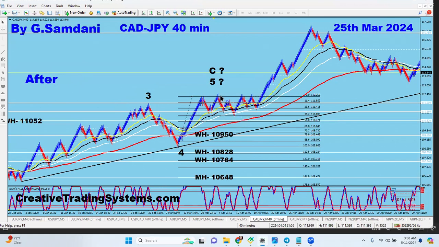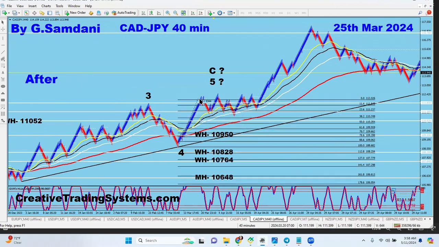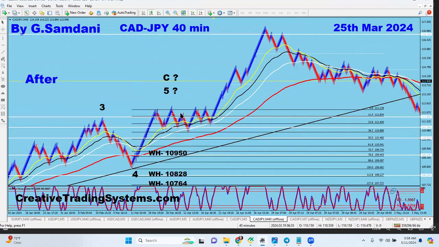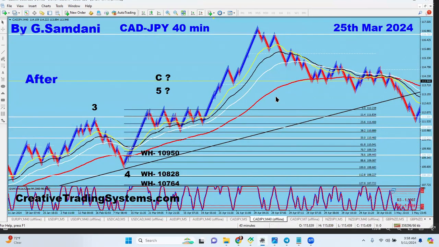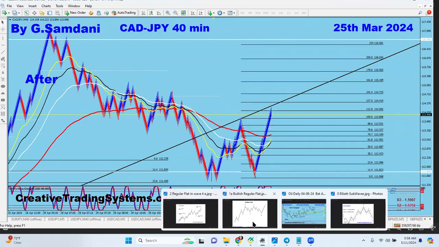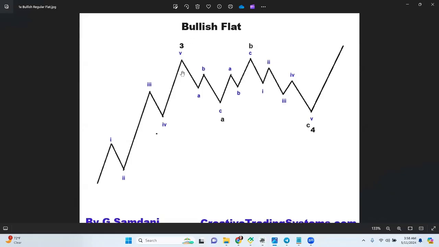Then this one went a little bit above this wave 3. See that? So this is the other version. We're going to talk about that later, in the next video. I don't want to mix it up, right? So this is a regular flat correction. One more time before I close. Wave 3, usually it shows up in wave 4.